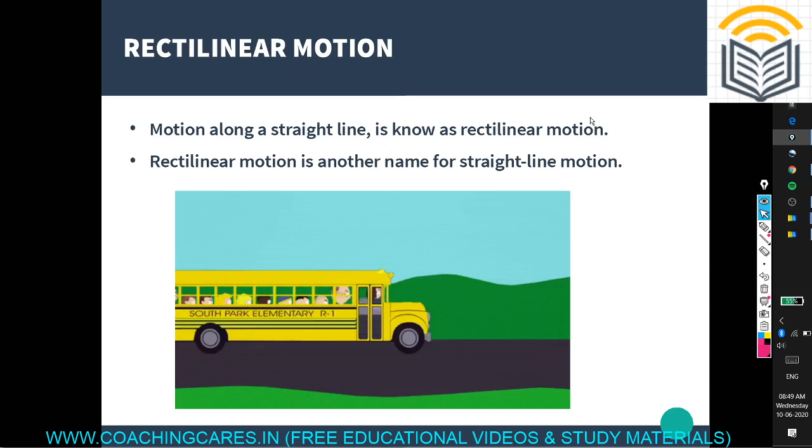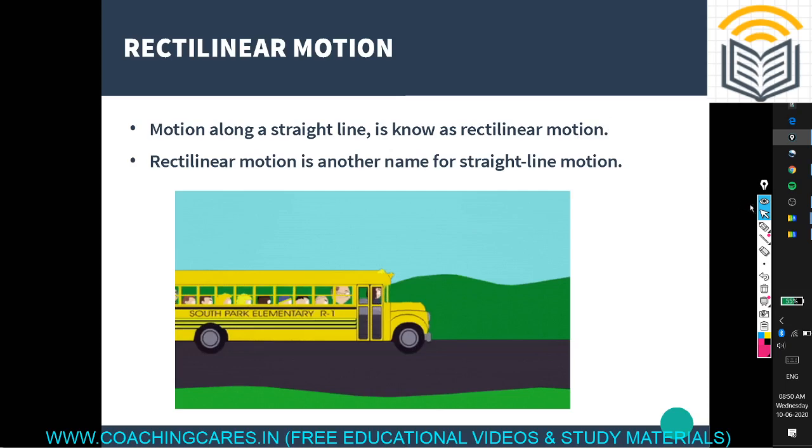Rectilinear motion is another name for straight line motion. You can see in the example, the bus is moving in a straight path, so this motion will be known as rectilinear motion of that bus because it is moving in a straight line.